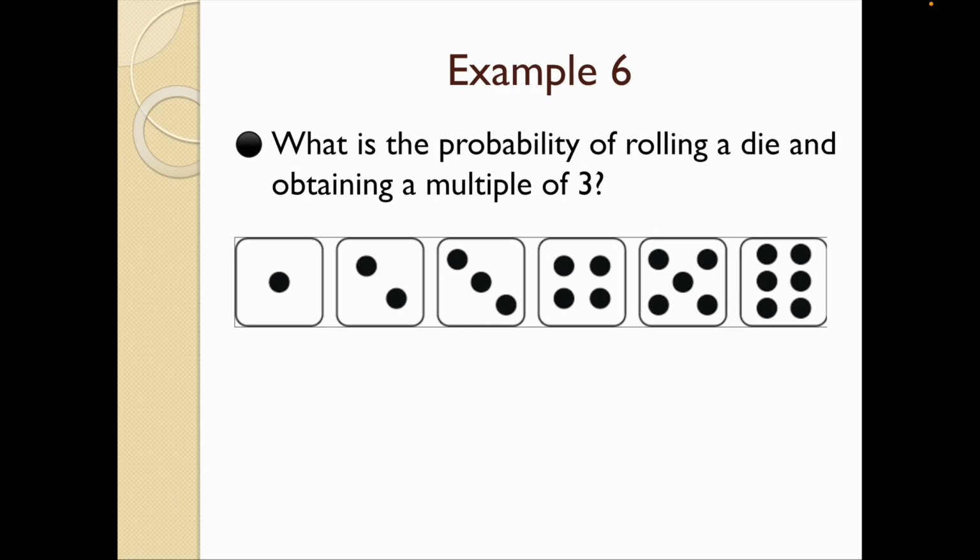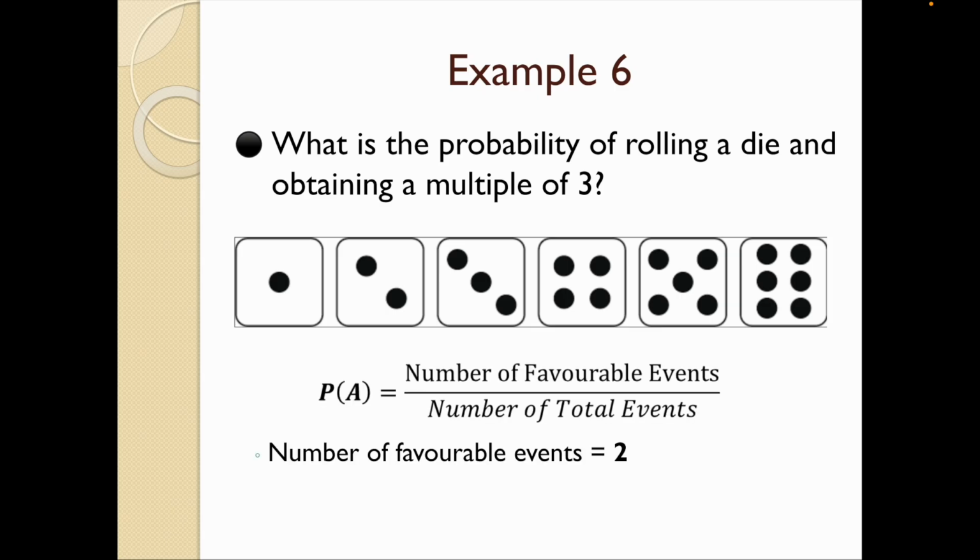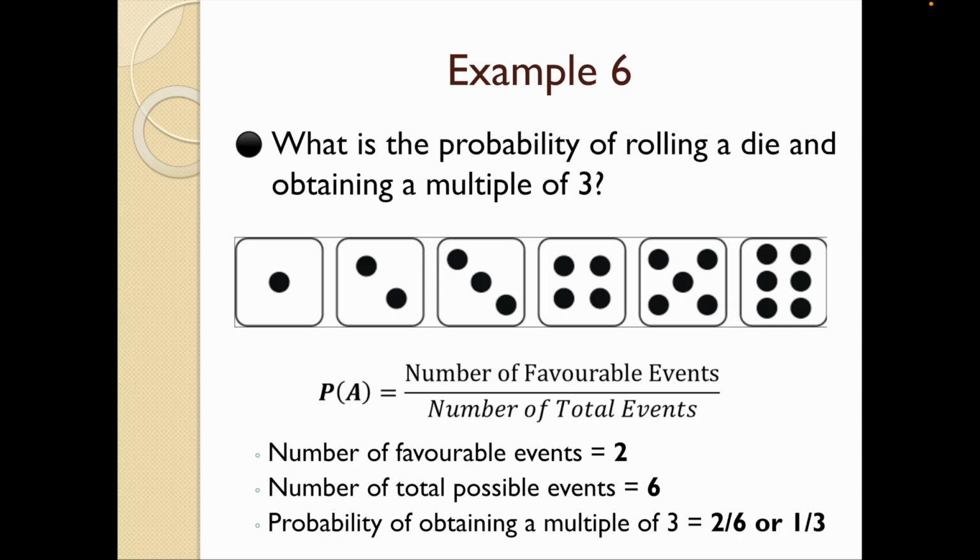Multiples of 3 would be like what? 3, 6, 9. Good. So we have 2 out of 6, because we have two favorable outcomes out of 6 possibilities. So 2 out of 6 is 1/3. Make sense?